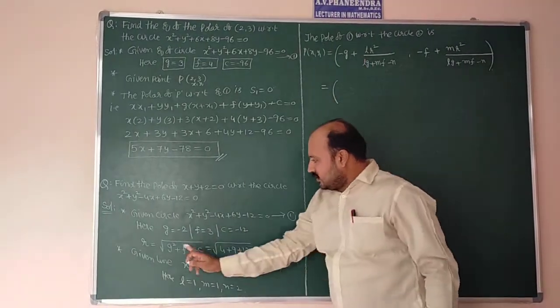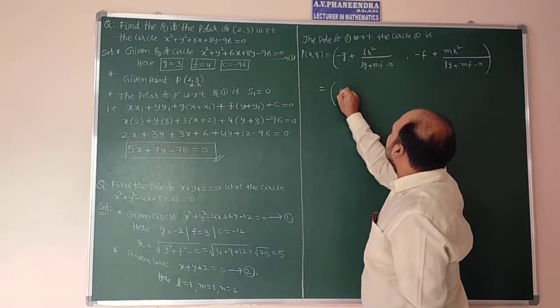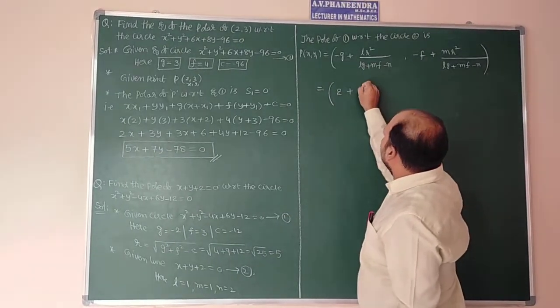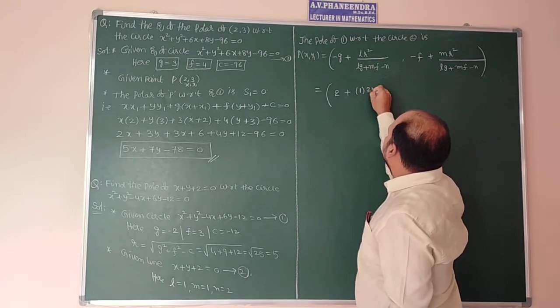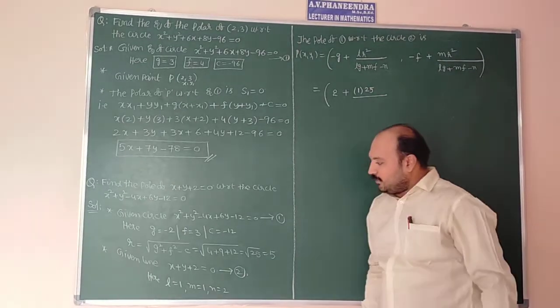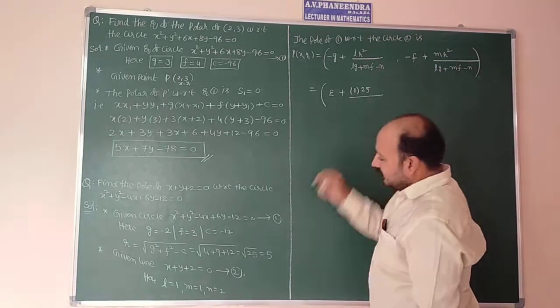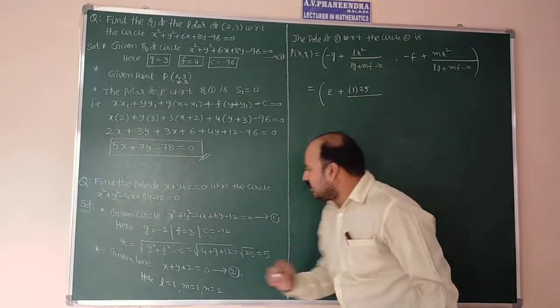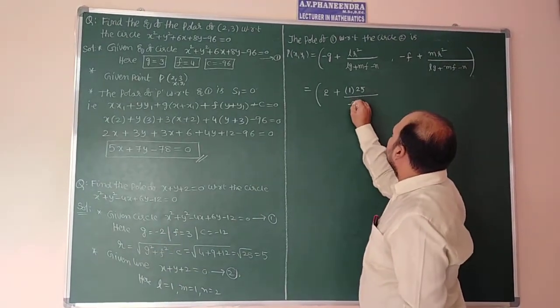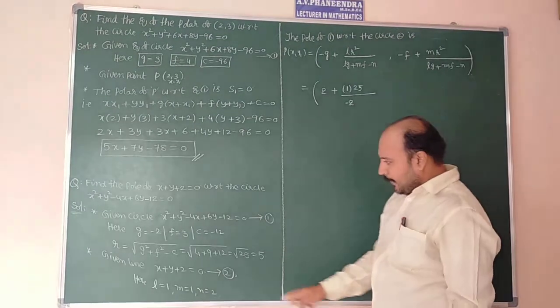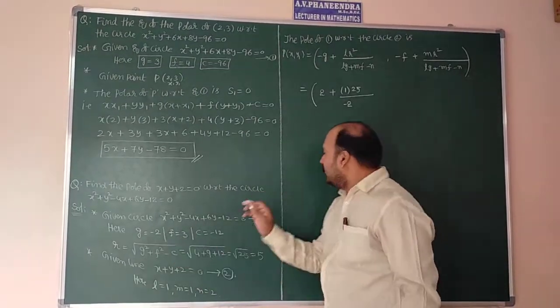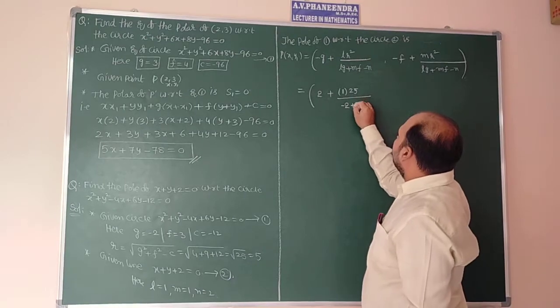Minus g, that means minus of minus 2, plus l value 1, r square 5 square, that is 25, divided by: r value is 5 here. lg, l value 1, g value is minus 2, so 1 into minus 2. mf, m value is 1, f value is 3, so 1 into 3.